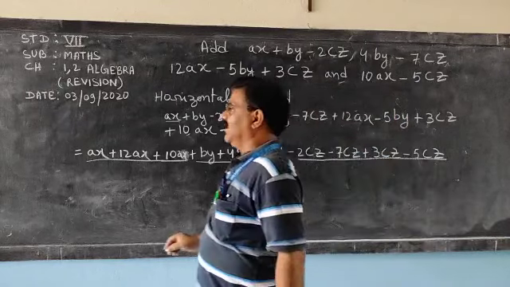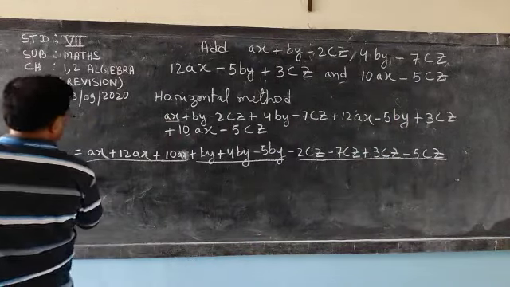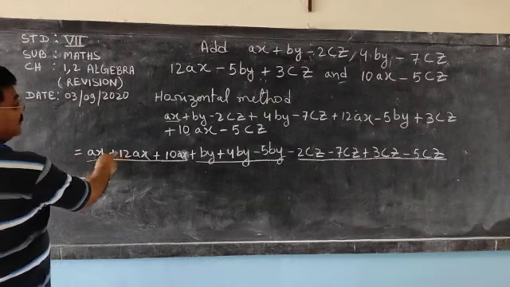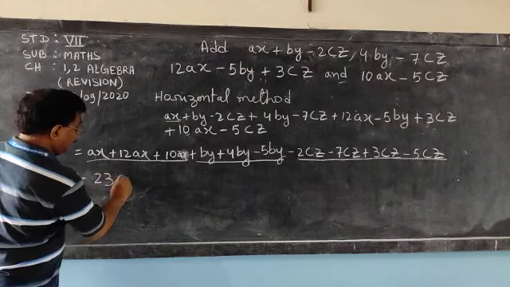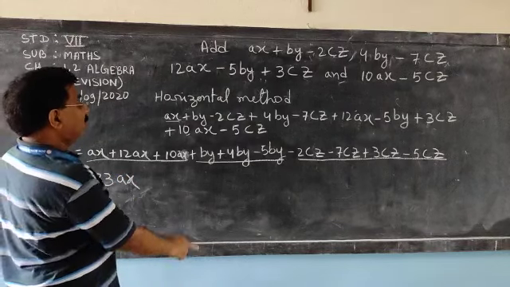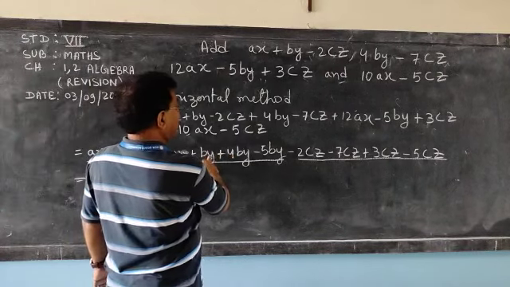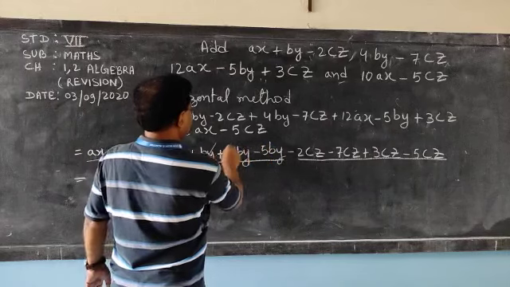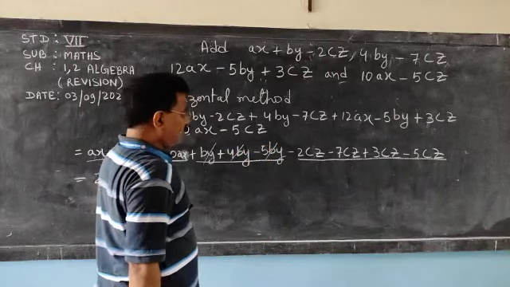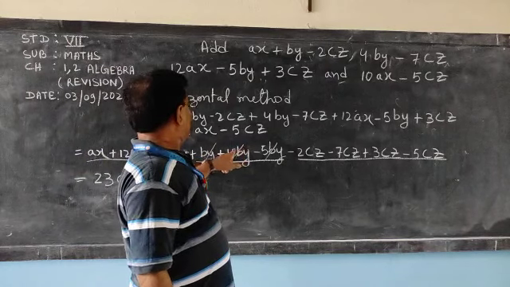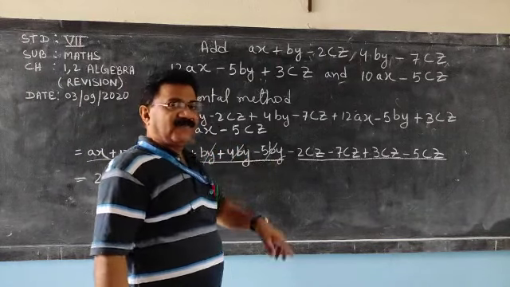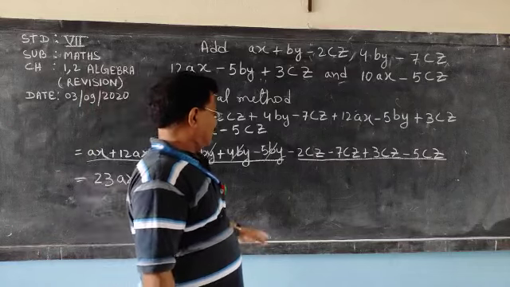Now I will calculate. 1ax, 13 and 10, 23ax. Now by: plus 4 and 1 is 5, minus 5 cancel. No by is left, because plus 5by and minus 5by will be cancelled.